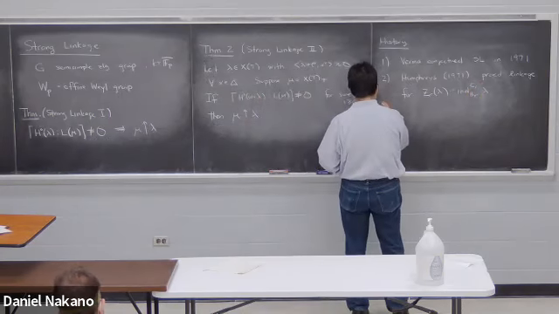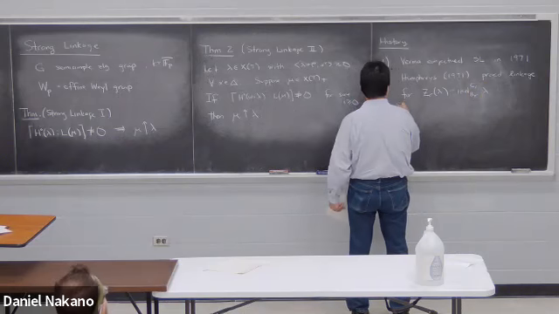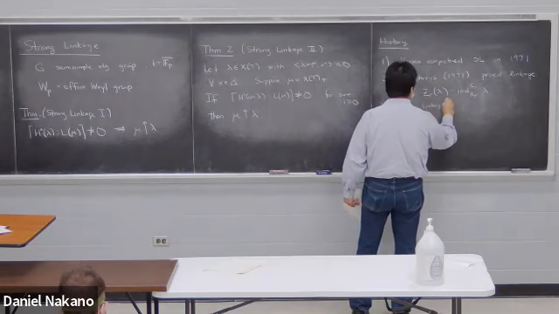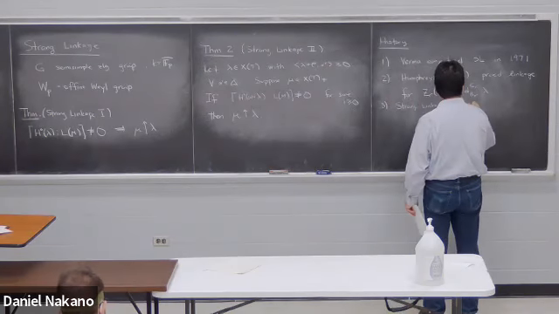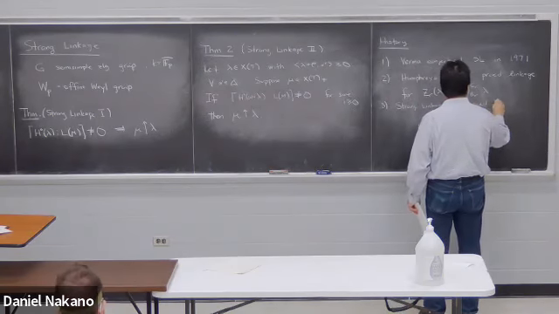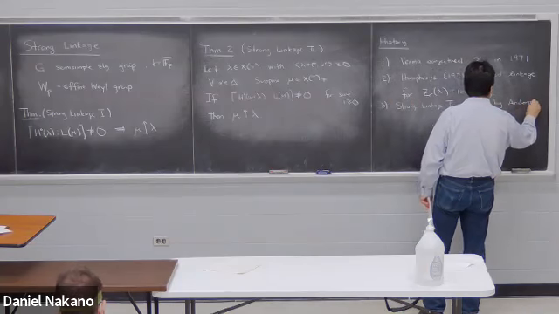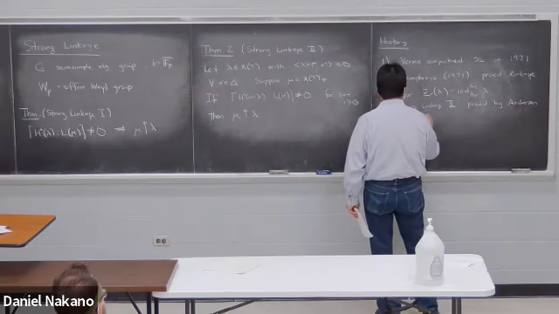Okay, so 3. So this strong linkage 2 was proved by Henning Andersen in 1980.